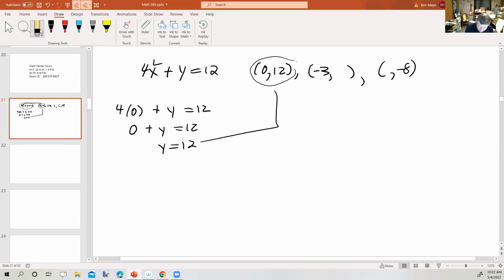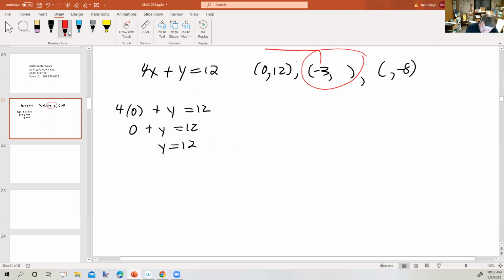All right, we're going to do the same thing again, only now we're going to use the second ordered pair, this one, where x is -3. So we get 4 times -3 plus y equals 12. 4 times -3 is -12. -12 plus y equals 12.